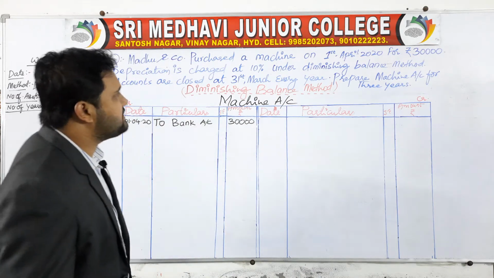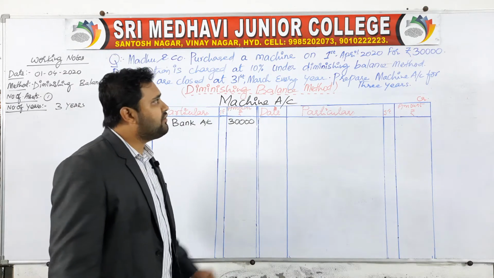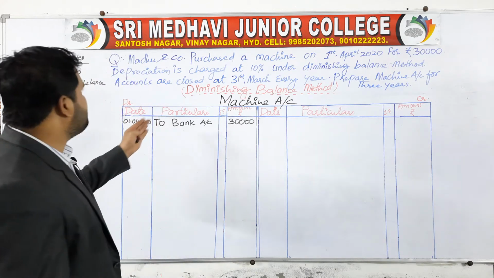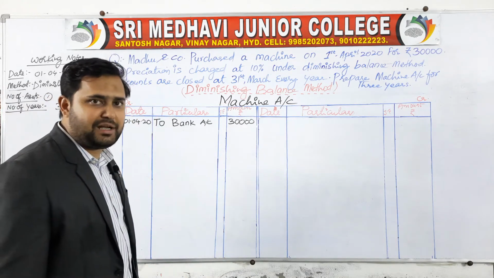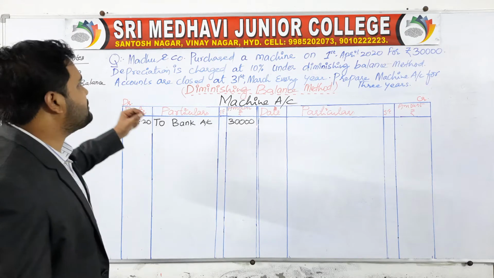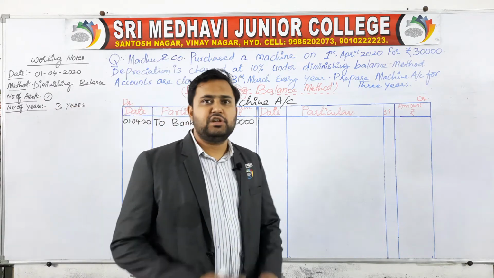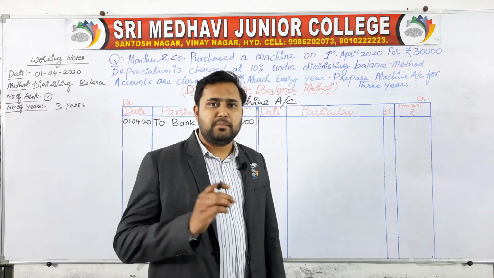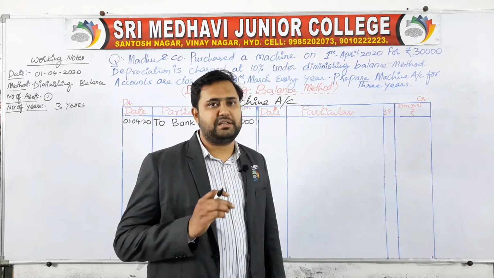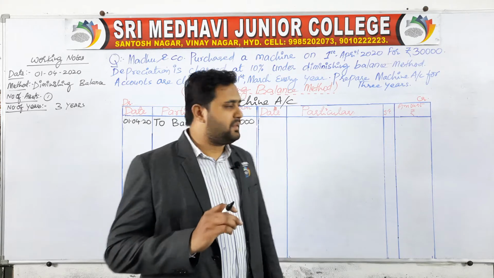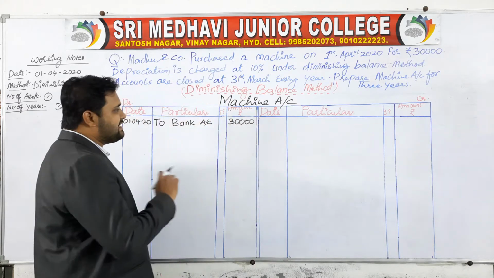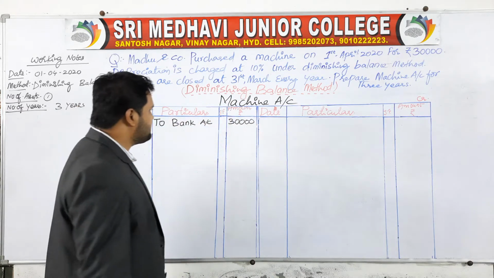Madhu and Company purchased a machine on 1st April 2020 for rupees 30,000. Depreciation is charged at 10% under diminishing balance method. Accounts are closed on 31st March every year. Prepare the machine account for 3 years. There are no installation charges mentioned in the question, so no need to write it. Nil. Nothing is there for installation and erection charges.